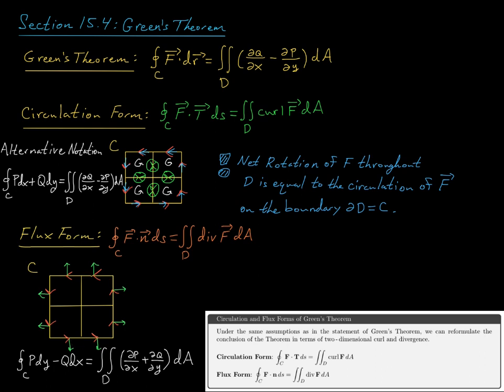So these little green vectors are the vector n as you move along this square. Much like the blue vectors up here were the unit tangent vectors, these are the unit normal vectors. So this thing is just again measuring that normal contribution of your vector field as you move along the boundary.